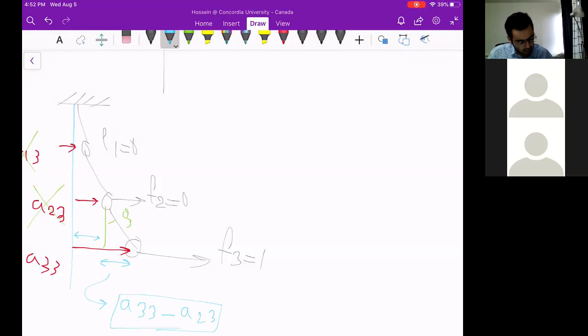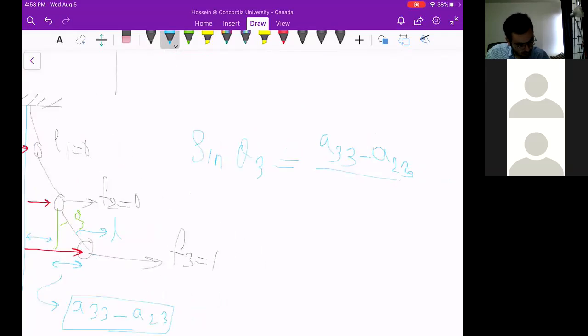So you could take advantage of sine of theta 3, because this length is L. Sine of theta 3 is the front side, A33 minus A23, over L. This is the approach to find A33.